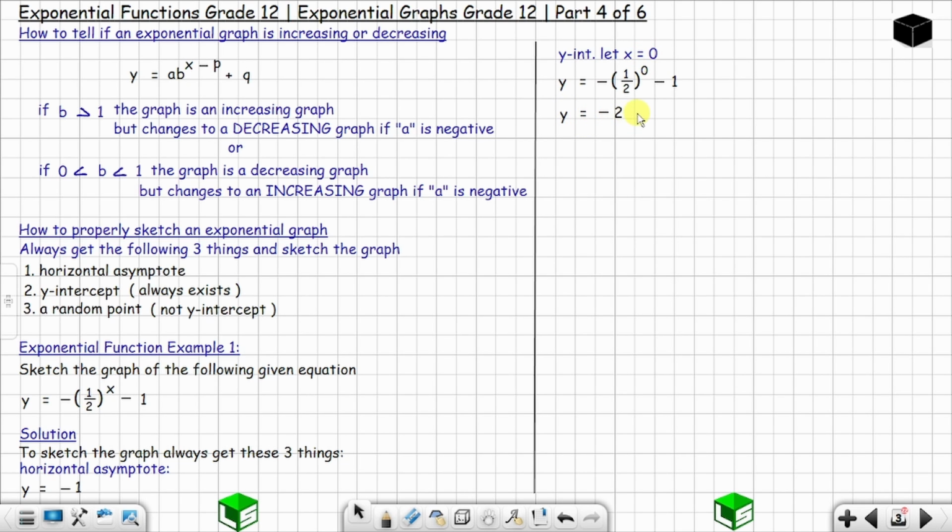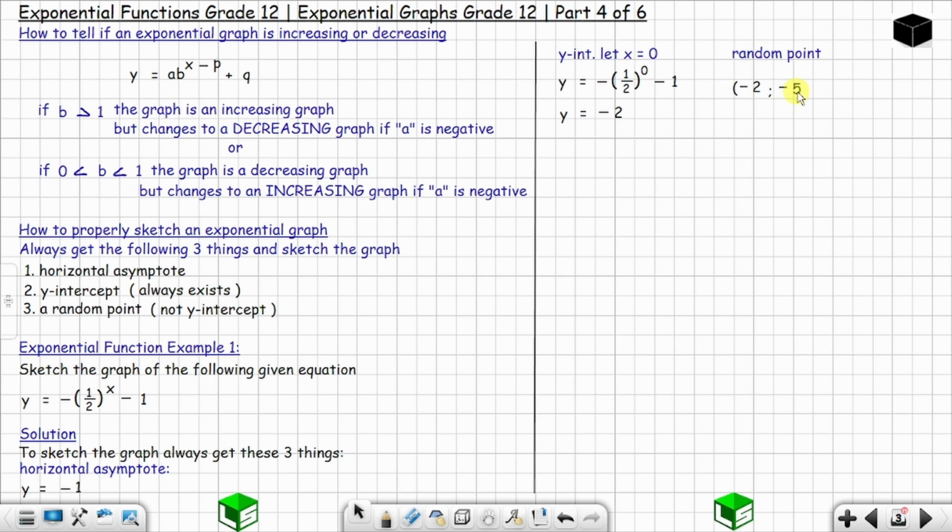Okay, and you need a random point. To get a random point, you can use any value, 1 or 2 or 3, any value. In this video, I'm going to use -2. When x is -2, what is y equal to? When I plug -2 there, y is going to be equal to -5.